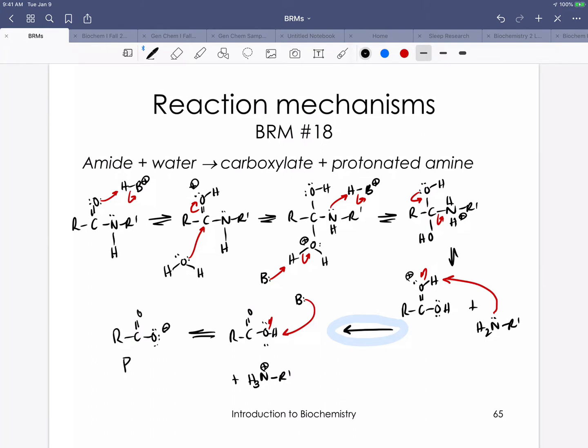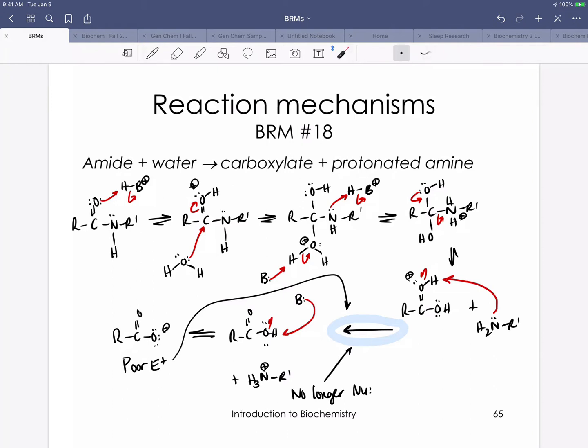And by having a deprotonated carboxylic acid, that's a very poor electrophile because it's actually fairly electron rich. And by protonating amine, this is no longer a nucleophile. And both of those reasons account for the fact that we have a one-way arrow there. We make that last step irreversible. So that's the correct mechanism.